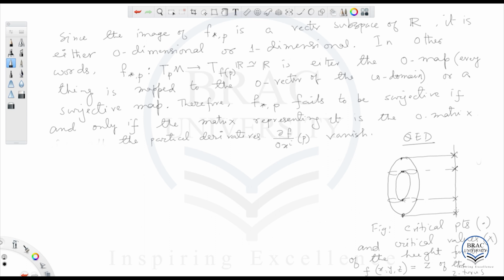Okay, in all other cases, the image will be a one-dimensional subspace of R, which is R itself, right? So these are the 4 critical points of the height function on the two torus.